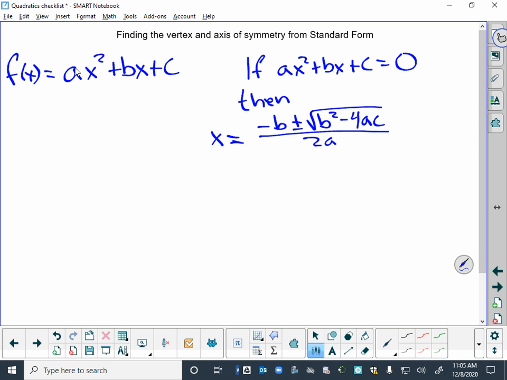Now, when we've looked at the factored form and where the roots are, we said that because of the symmetry of a parabola, the axis of symmetry will be exactly halfway between the x-intercepts.